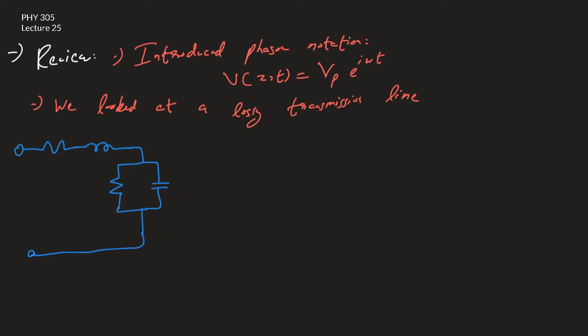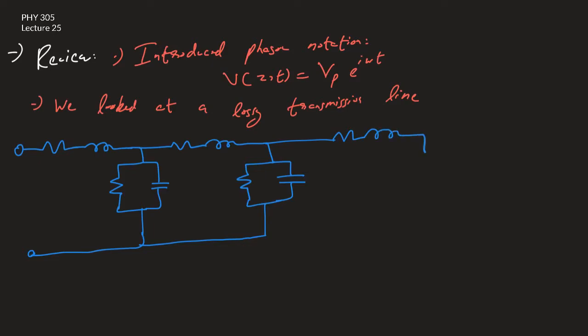Similarly, in another segment of delta Z, you had another resistor, inductor, transconductance, capacitance, and once again in another section of delta Z, and so on and so forth. So this was our model for a lossy transmission line.